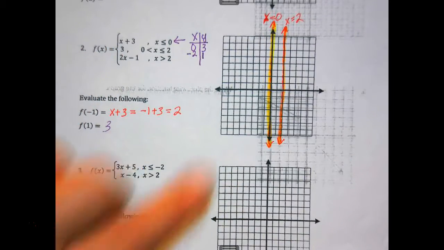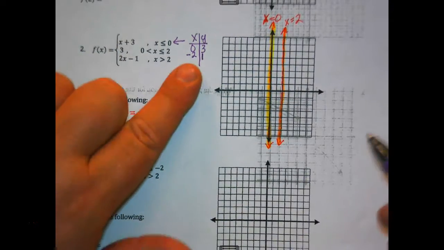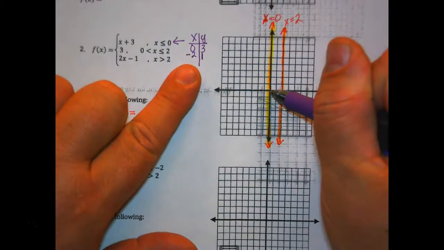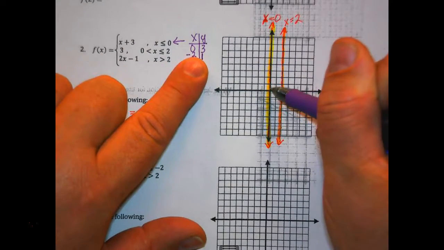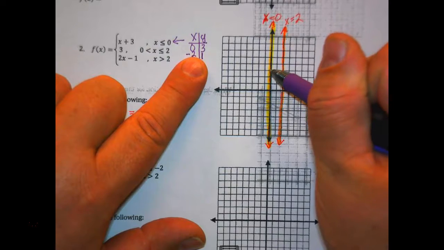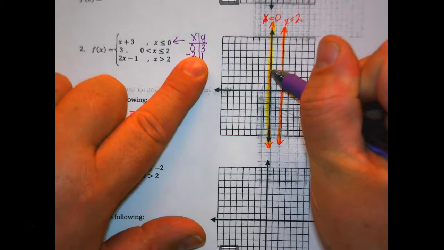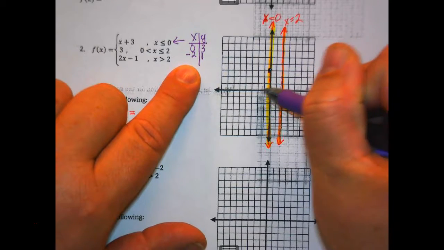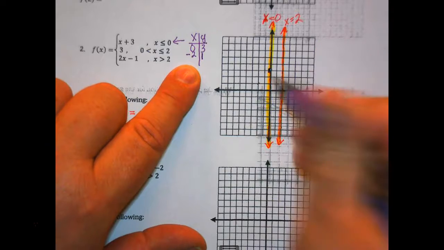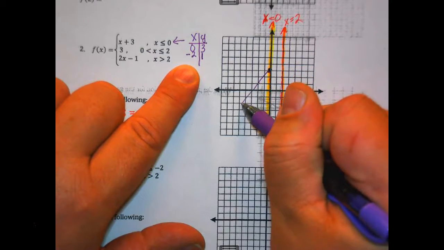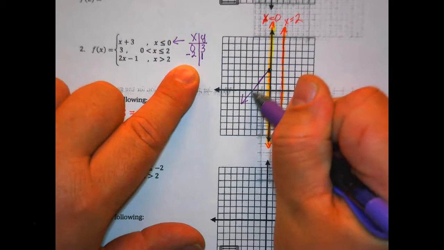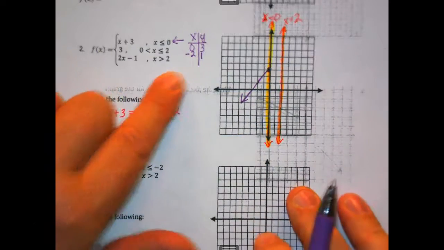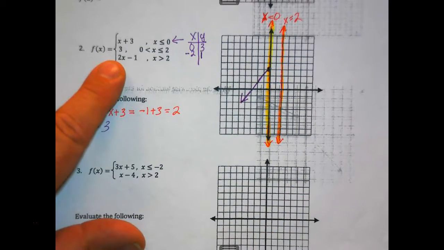So there's my 2 points. I'm going to draw my line. 0, 3. Do I have an open or closed circle? It's on the boundary line, so I need an open or closed circle. Closed. Negative 2, 1. There's my first one.